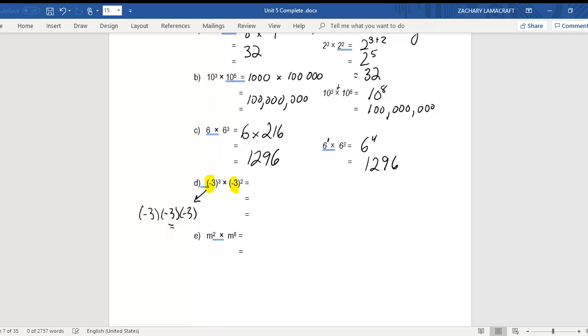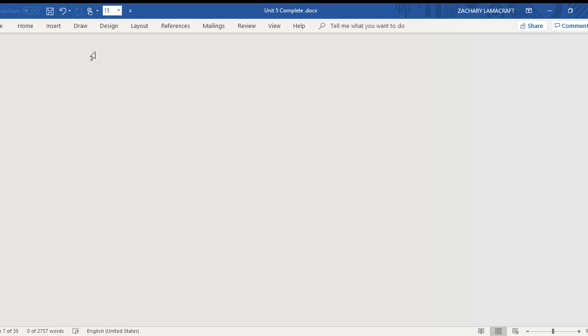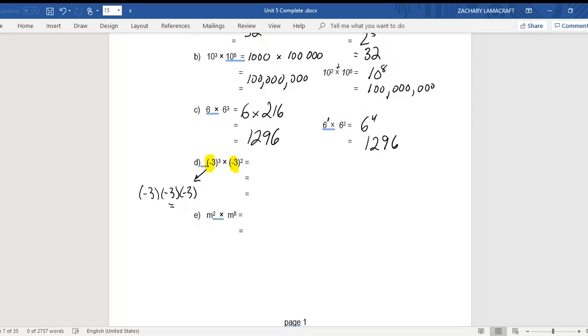Negative 3 times negative 3 is 9, times negative 3 is negative 27. And over here, negative 3 times negative 3 is equal to positive 9. So it would be negative 27 times 9.